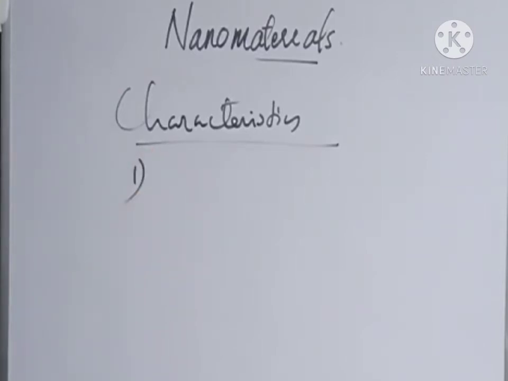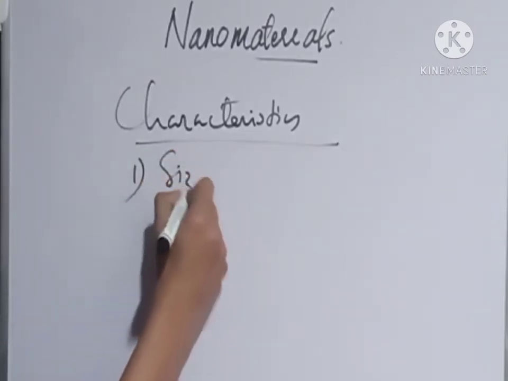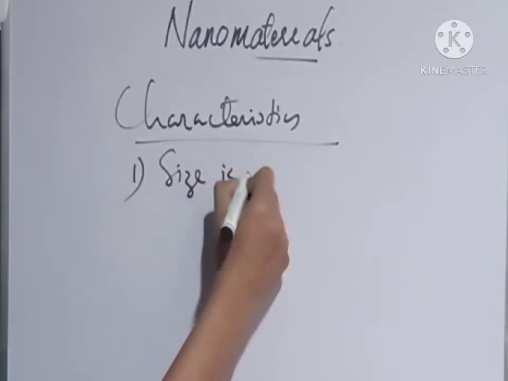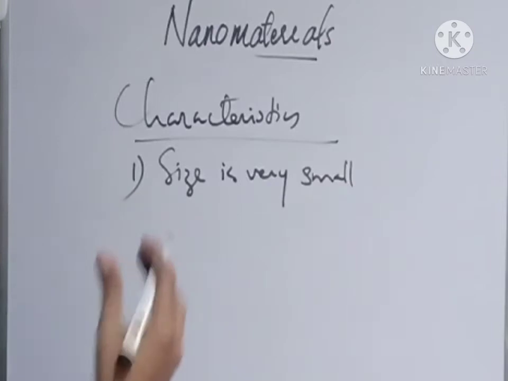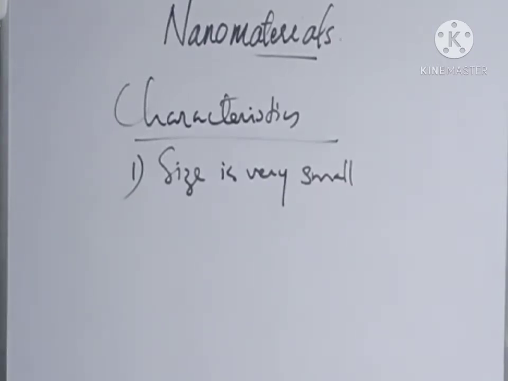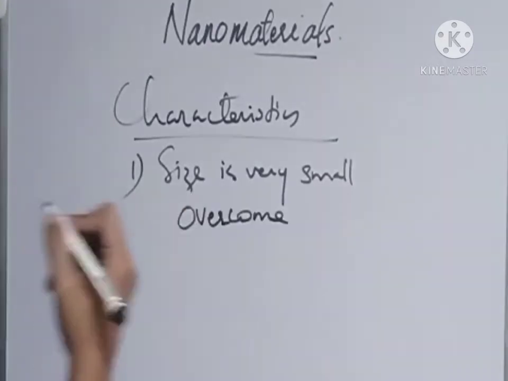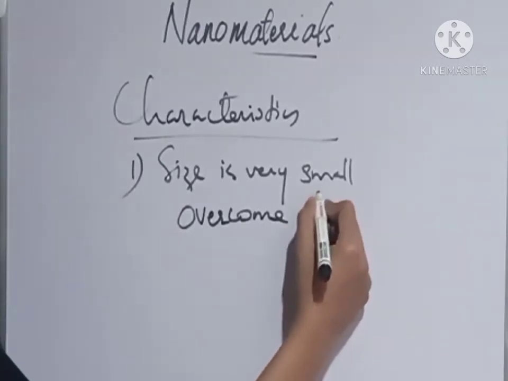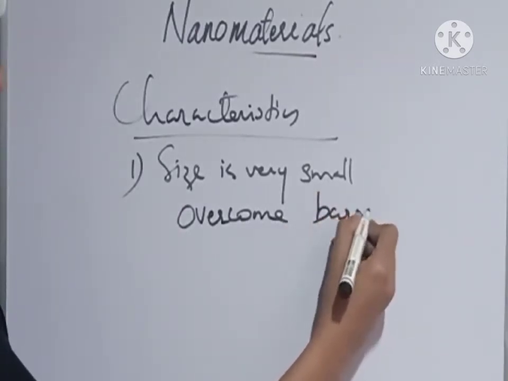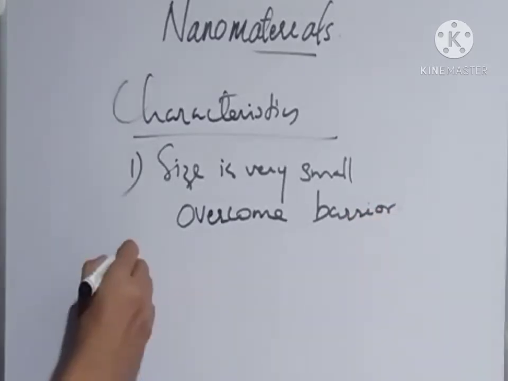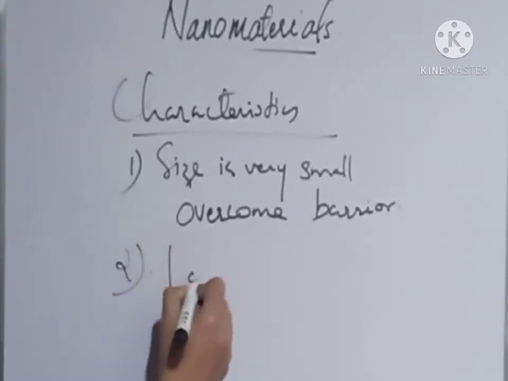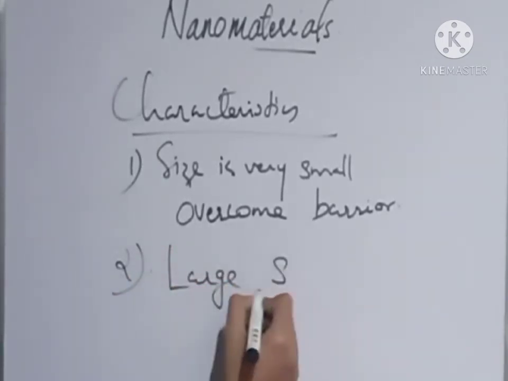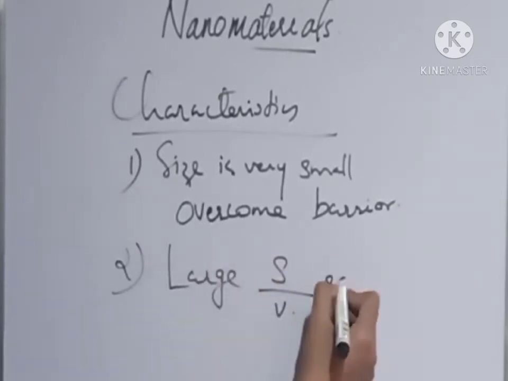First property is, since the size is very small, it can overcome a large number of barriers. Then the next property of nanomaterial is large surface area by volume ratio.